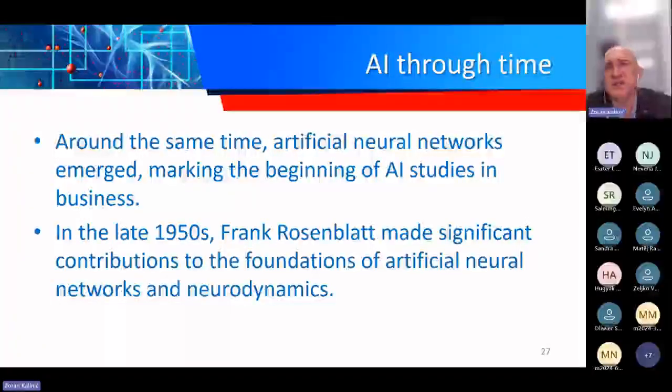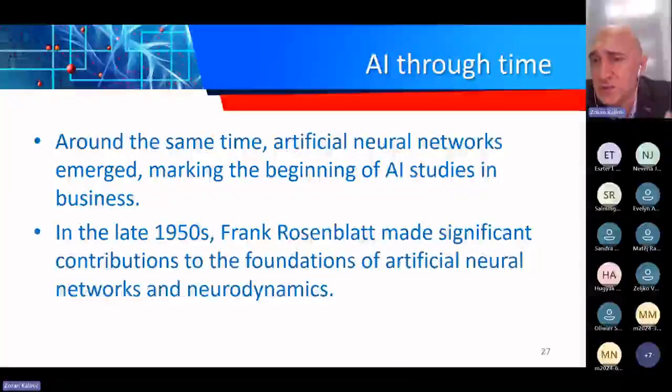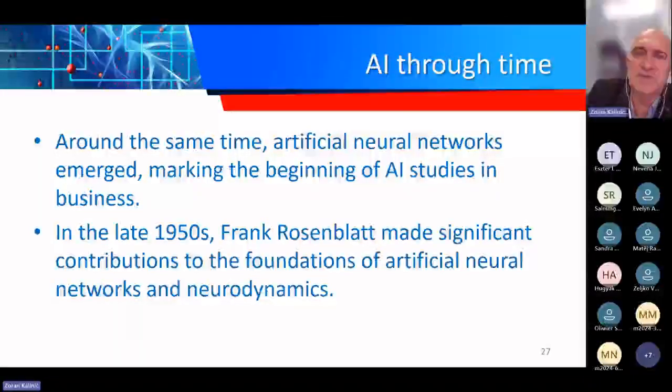At the same time, some basic sorts of artificial neural networks actually emerged or started to be used. And Frank Rosenblatt was one of the first scientists that produced something that was later used as a basis for artificial neural networks, which are very popular and very often used these days.